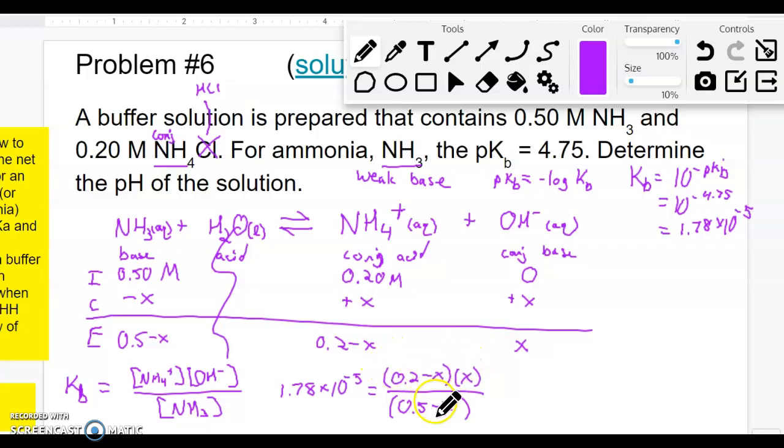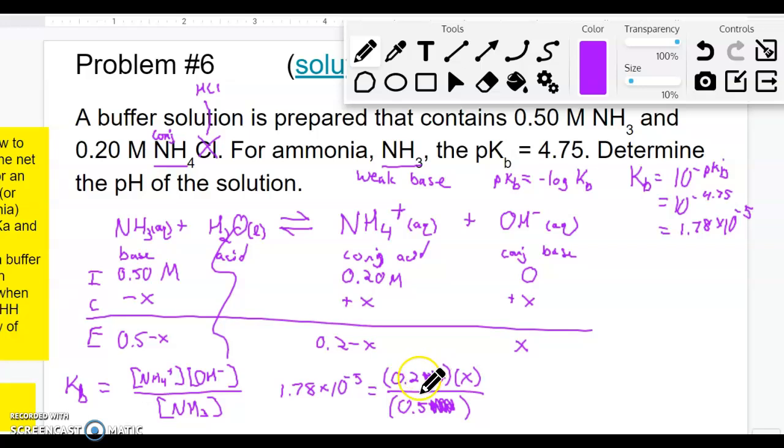When I see things in my equilibrium expression like minus x, plus x, those things make my life really hard, especially with doing the math. I'm going to end up having x squared and x in other places. But because my Kb value here is 10 to the negative fifth, it's smaller than 10 to the negative fourth, I can probably take out these minus x's. And so it works, and we want to recognize that. It makes our life a lot easier.